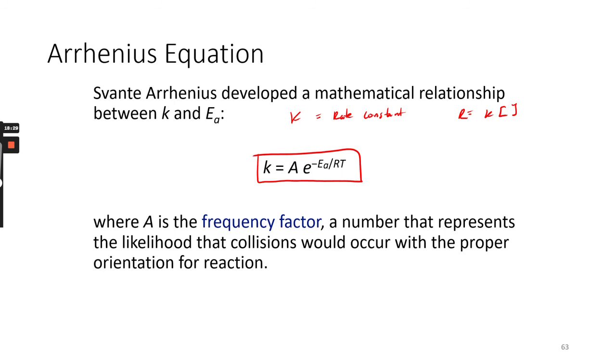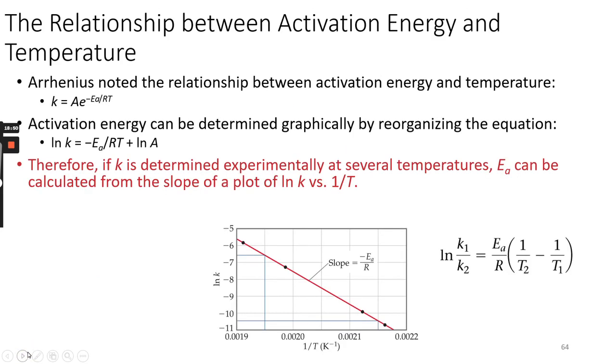But what is this A right here? This A is a frequency factor. So it kind of represents the likelihood that collisions would occur with the proper orientation for the reaction. But you see why k is dependent on temperature? T is right here. So the relationship between activation energy and temperature. So Arrhenius noted the relationship as such.